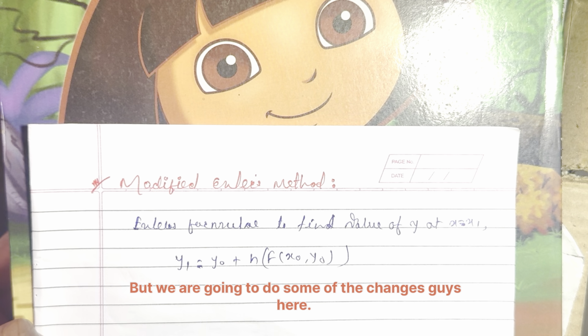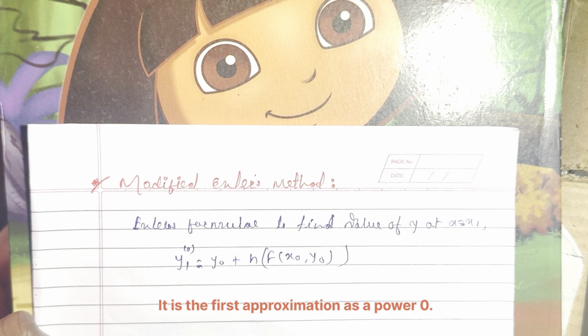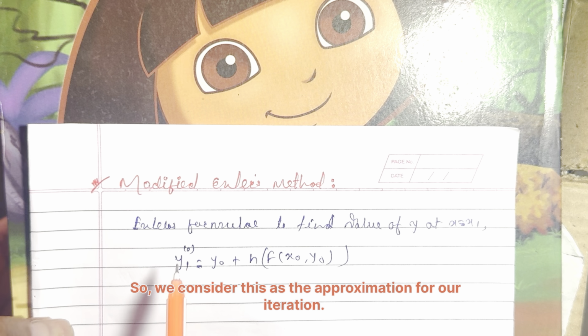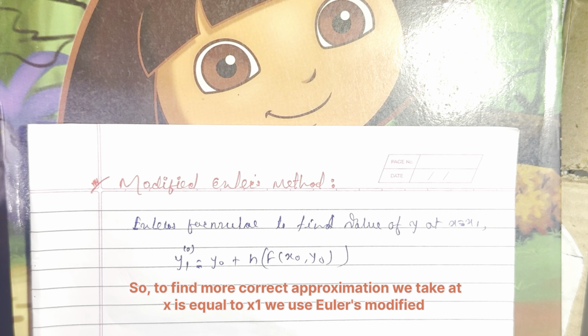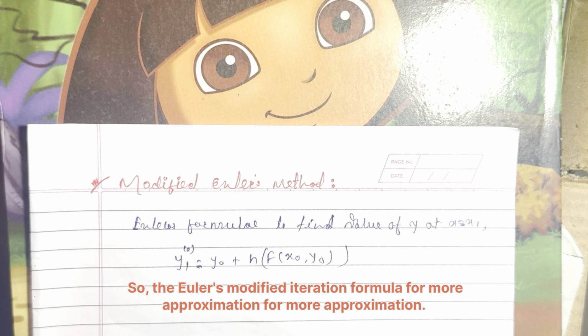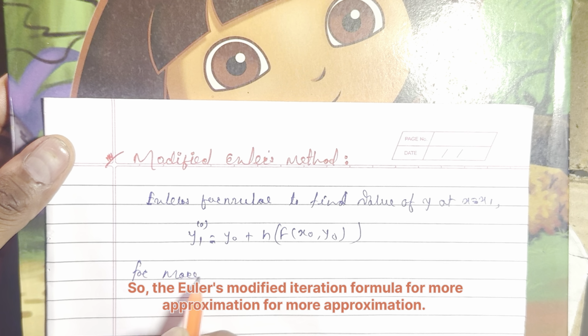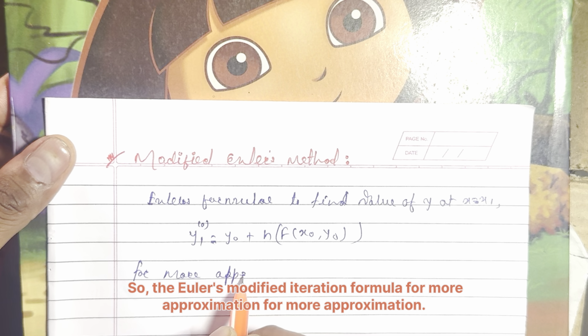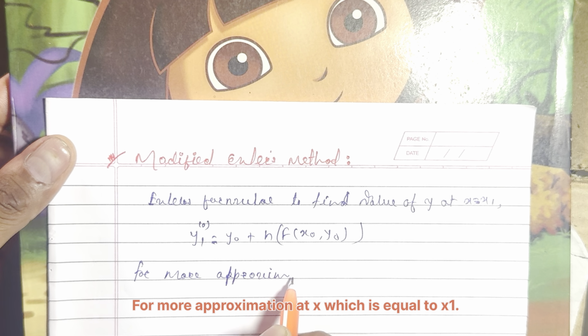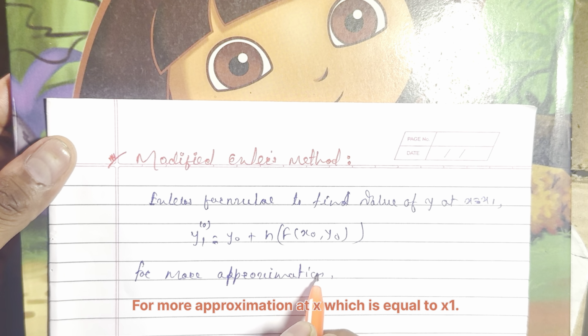But we are going to make some changes here, guys. We take this first approximation as the power 0 approximation for our iteration. To find a more correct approximation at x equal to x1, we use Euler's modified iteration formula.